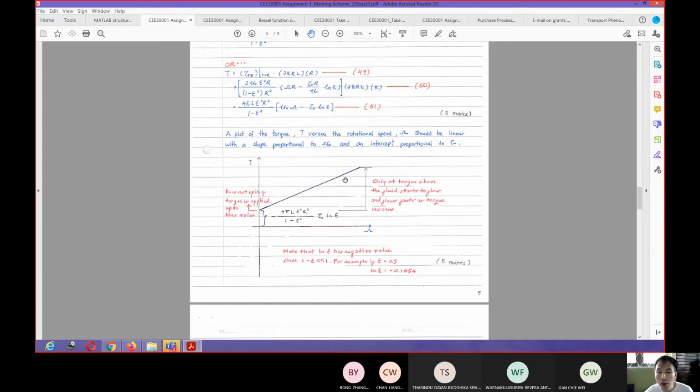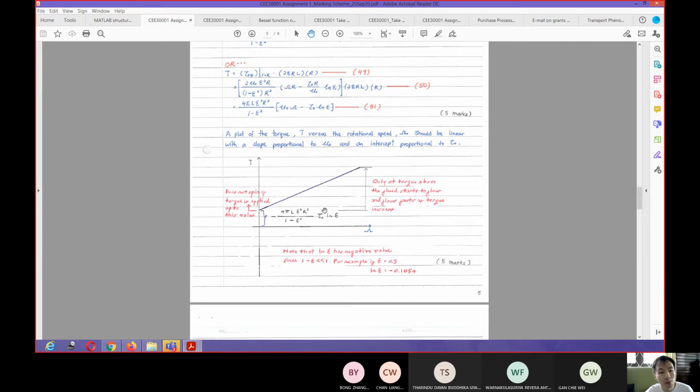If you plot these things here, you will know that only at this particular condition will there be a sudden torque. You can tell that since this quantity is less than 1, your ln will be negative. So your plot of the torque versus the rotational speed will have this form.